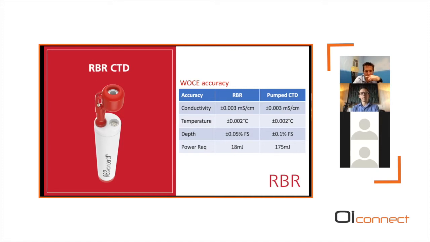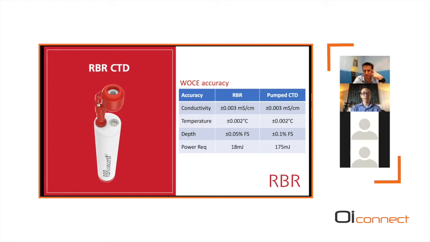It's around 0.003 millisiemens per centimeter. That translates to around 3 millipsu, and it compares equally to the Seabird pumped CTD. Same thing for temperature. It has an accuracy of 0.002 degrees Celsius, same as the Seabird pumped.